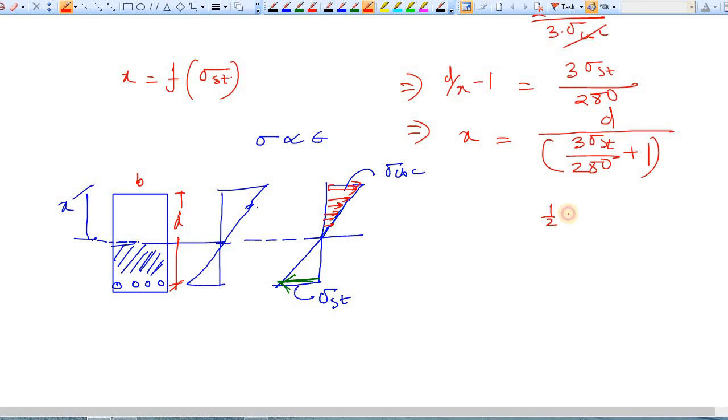Well, this is half times sigma CBC times x, which is known to you, into width b, because in 3D if you look, the stress is distributed like this. So this is multiplied with b. This is the total area of compressive force. So this is C, and it is acting at a depth of x by 3. So this is the resultant compressive force.